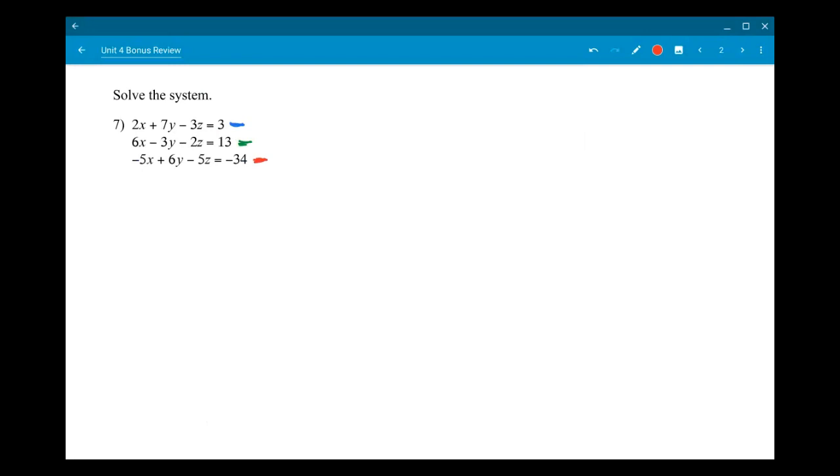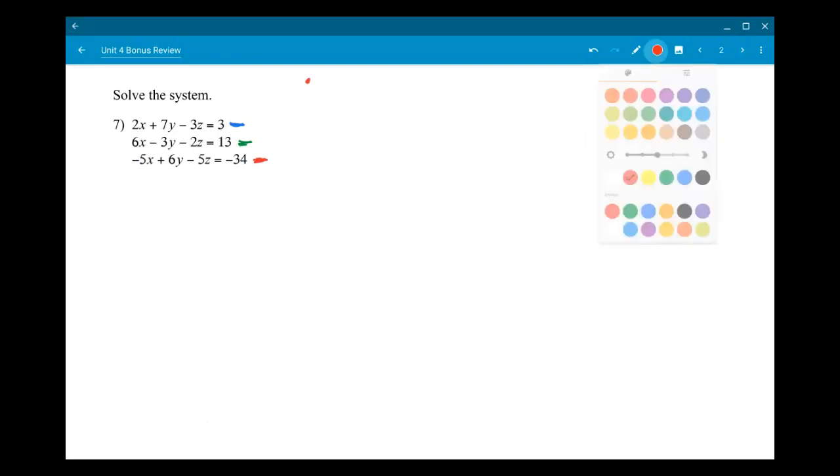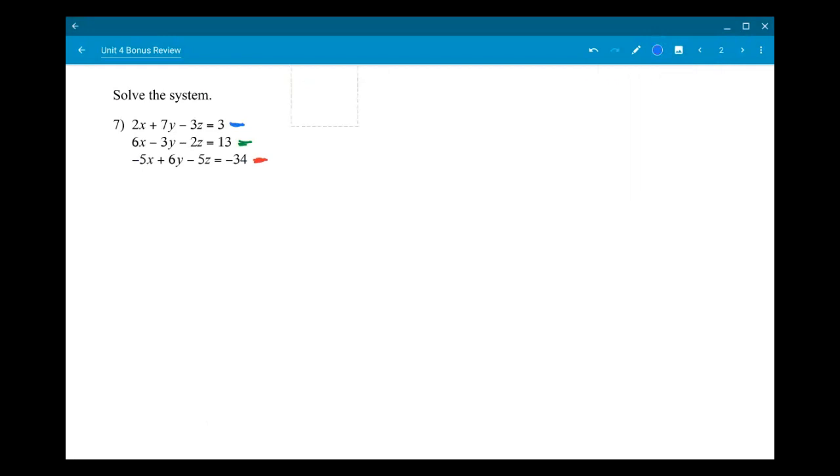First thing I'm going to do is use the first one and the second one. So I'm going to multiply the blue one by -3, and I'm going to leave the green one alone. Because that's going to get me opposites on my x's.